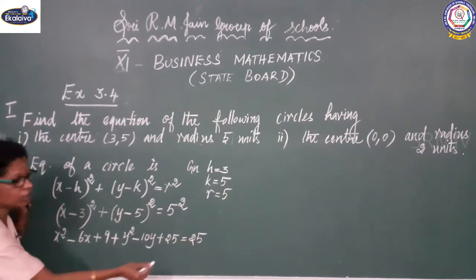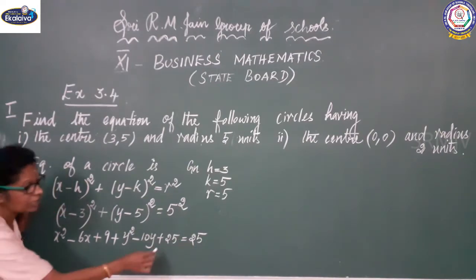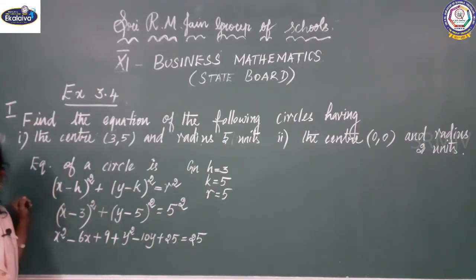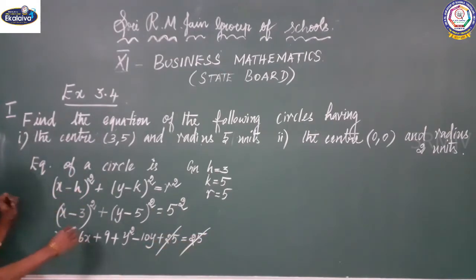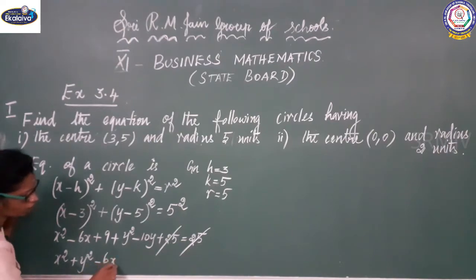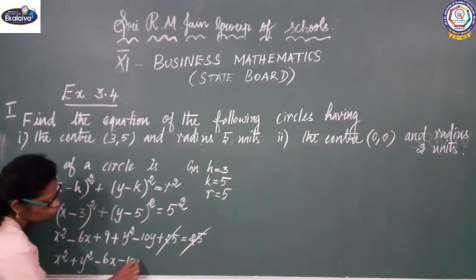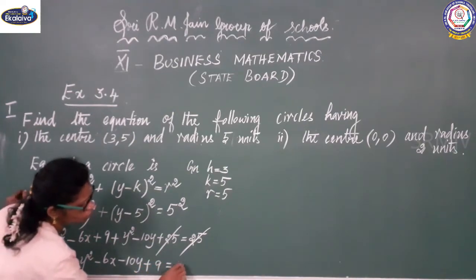One thing you have to listen to: in between the equal sign, the number is also the same, the sign is also the same, so you can cancel. So 25, 25 cancel. Then what should be the rest? x square, you arrange it in order, y square minus 6x minus 10y plus 9 equals 0.